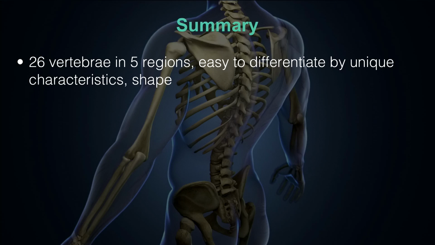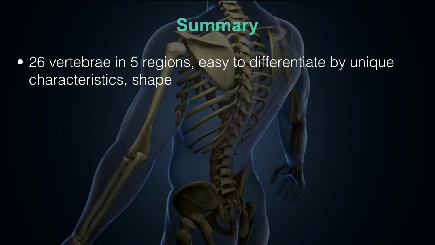We've come a long way. There's been a lot of little ingredients mixing together to make this picture. 26 vertebrae, 26 independent vertebrae, or free-moving vertebrae. Sometimes you can consider the fused vertebrae of the sacrum or the coccyx as independent vertebrae as well.